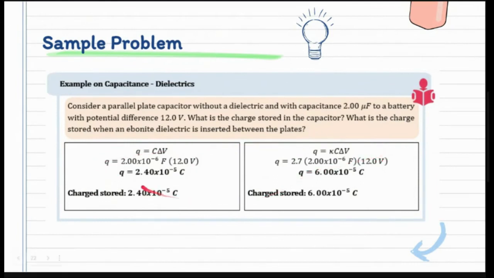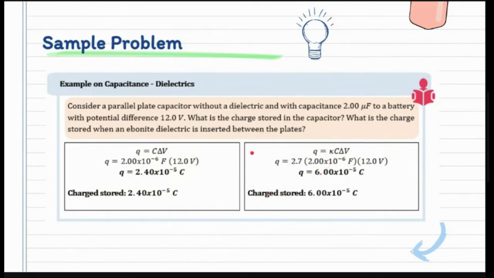This is without the dielectric material. The total amount of charge present is 2.4 times 10 to the negative 5 coulombs. But if we insert an ebonite dielectric, it increases to 6.0 times 10 to the negative 5 coulombs.